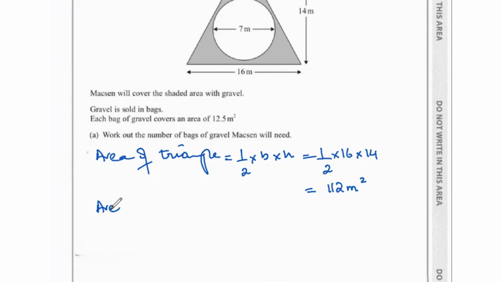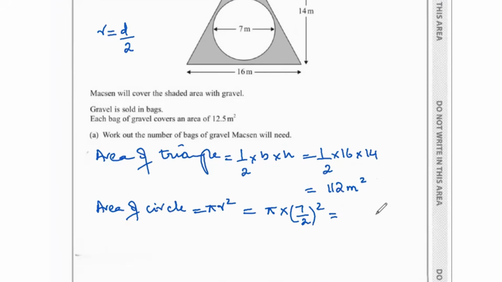Then area of circle, that's pi r square. So pi times 7 over 2 square. 7 is the diameter. Radius is half of the diameter. Hence 7 over 2 square. So that's going to give us 49 pi over 4 meters square.